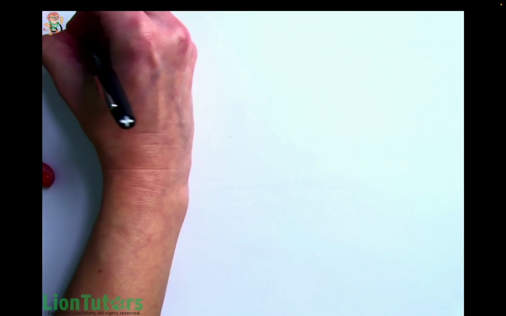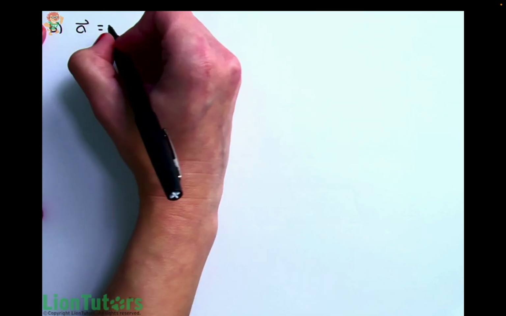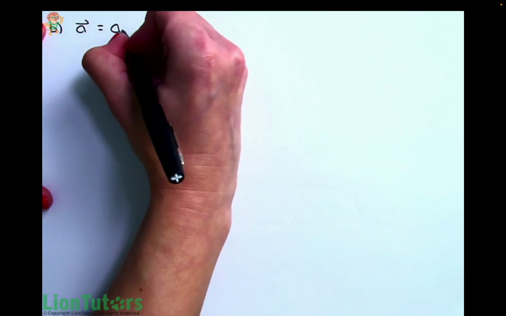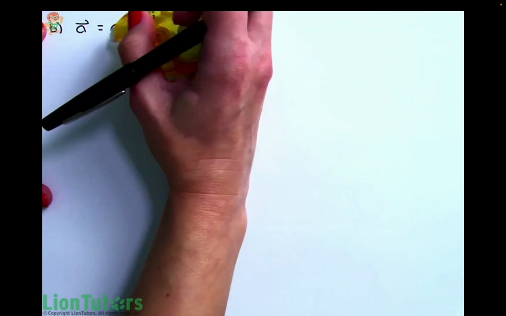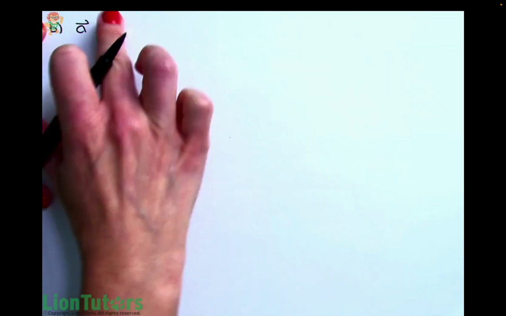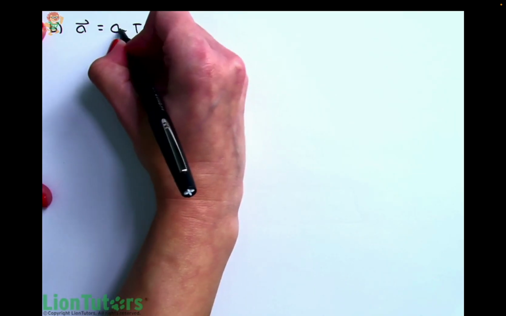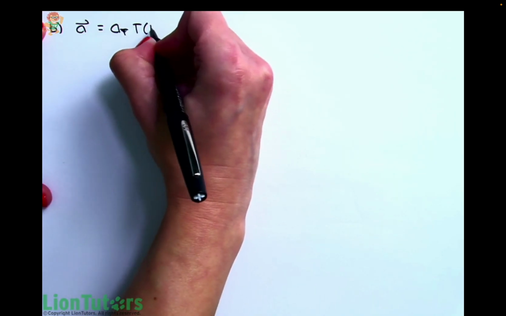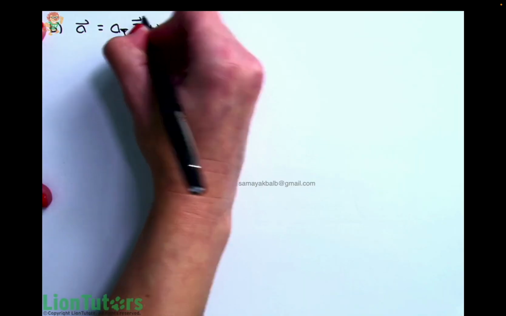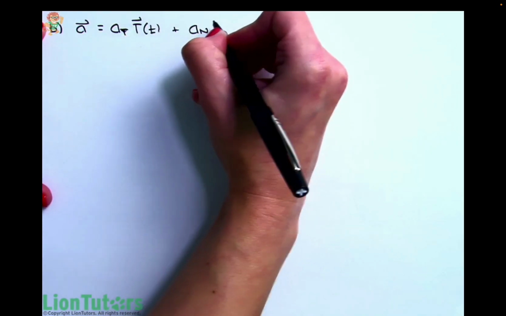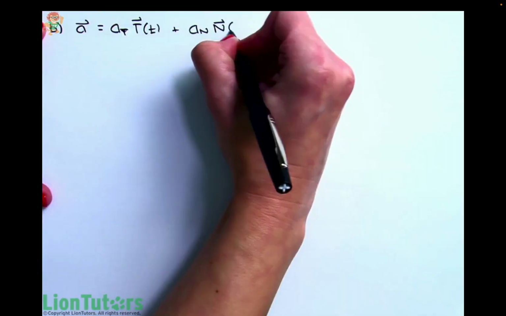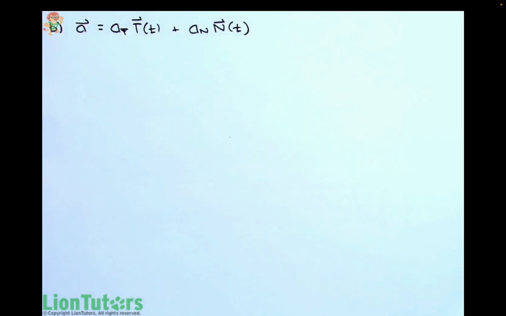So part B says now to decompose your acceleration vector into tangential and normal components. If they want us to decompose it, they want us to write it as our tangential component times our tangent vector plus our normal component times our normal vector.